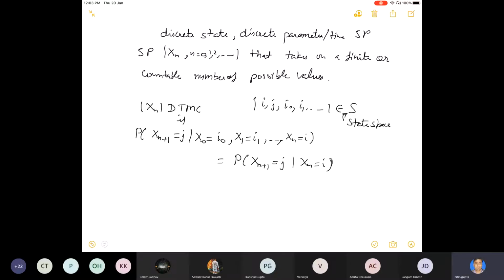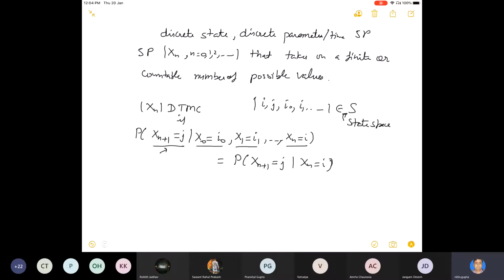That means the future Xn+1 is equal to j, j is the state at step n+1, and at the initial time it is in state i0, at first step it is in state i1, and at the nth step it is in state i.